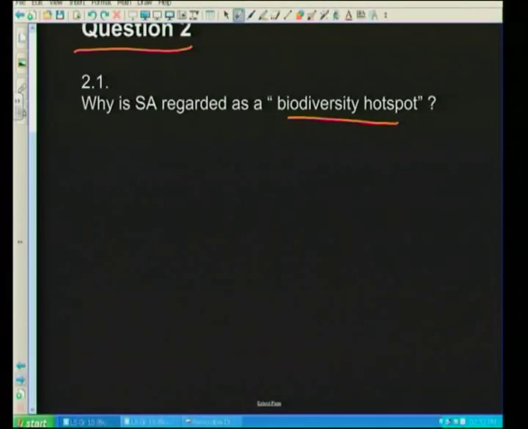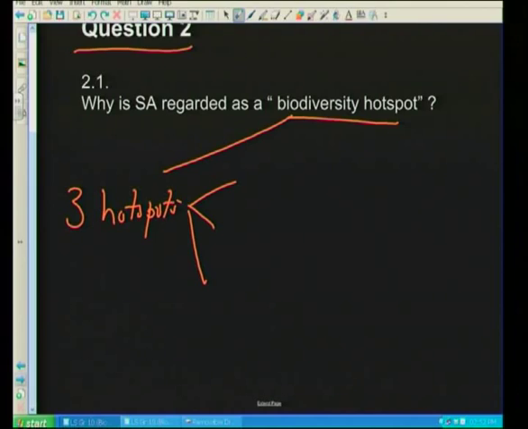Remember, we said that South Africa is regarded as the 3rd most diverse country in the world, and that's because it has 3 biodiversity hotspots. Right, that is, it's regarded as a biodiversity hotspot because it has 3 hotspots.